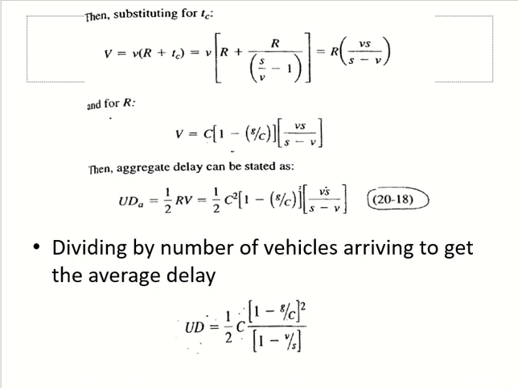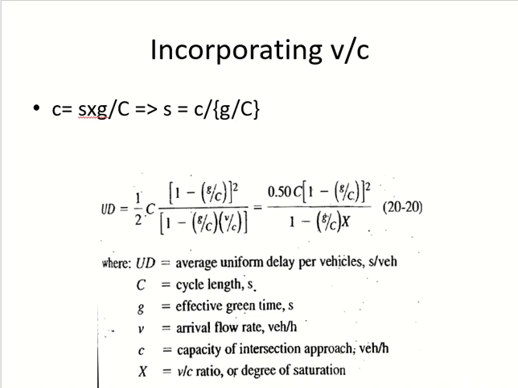The answer is correct. But why is saturation higher? We are discussing the difference between capacity and saturation flow rate. Demand can exceed capacity, yes, that is actual. But what is saturation?